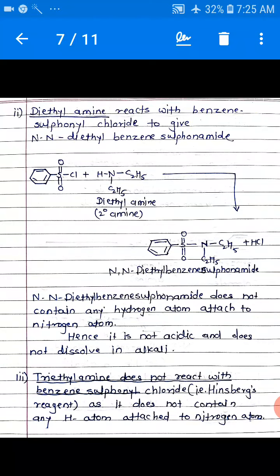Here again removal of HCl, hydrogen from diethylamine and chlorine from benzene sulfonyl chloride, and simply there is attachment of nitrogen with sulfur and formation of N,N-diethyl benzene sulfonamide. N,N-diethyl benzene sulfonamide does not contain any hydrogen atom attached to nitrogen atom. Hence, it is not acidic and does not dissolve in alkali.